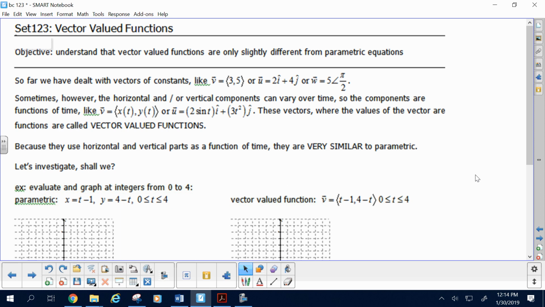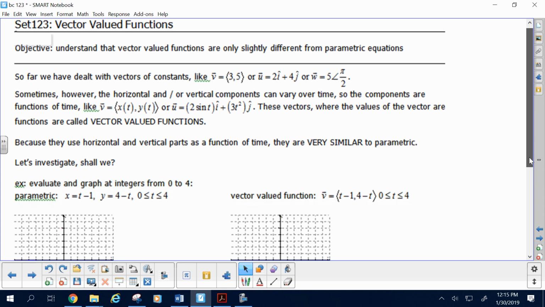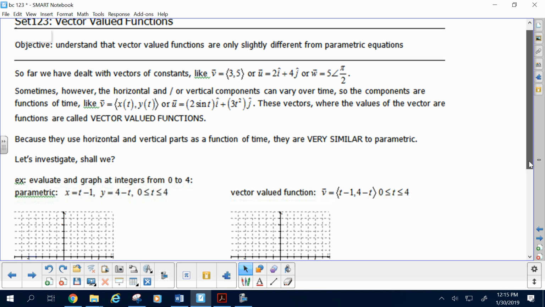Same deal though, you could use 2 different notations. You could use the pointing parentheses, or you could use i hat, j hat, and possibly k hat when you go to 3 dimensions. You'll see both. What you don't typically see though is vector valued functions in polar, at least not for a while. All right, so let me go a little further.